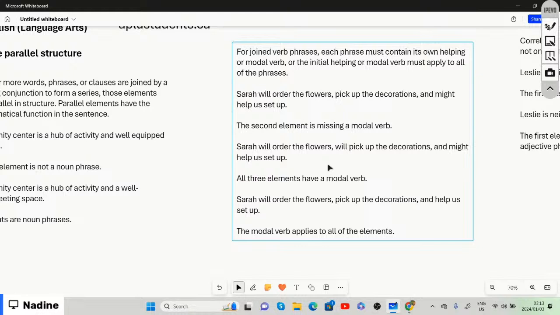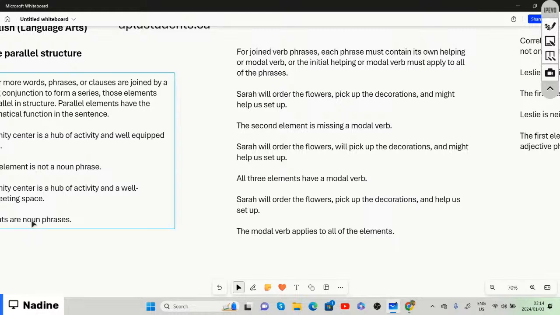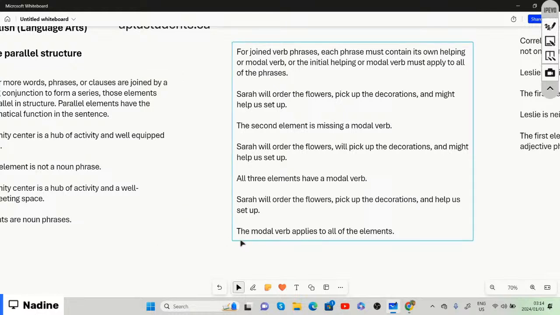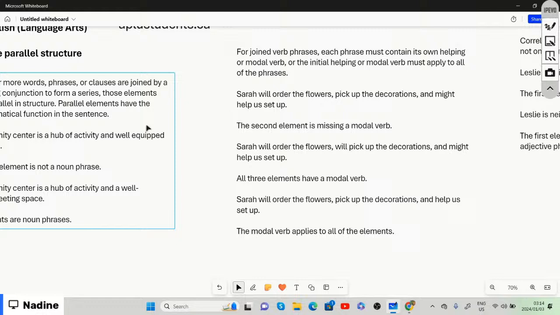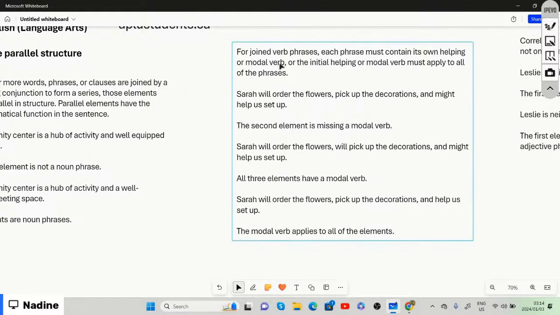So if we read that sentence again, it says Sarah will order the flowers, pick up the decorations, and might help us set up, which means the second element is missing a modal verb. However, all three of these elements have modal verbs, and the modal verb applies to all of these elements, not just a few or one.